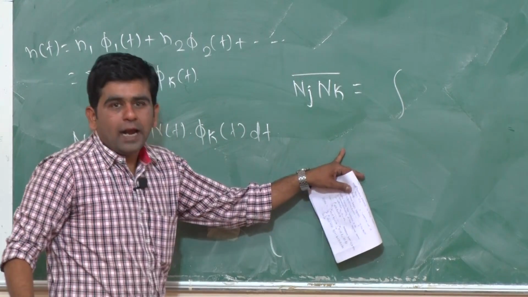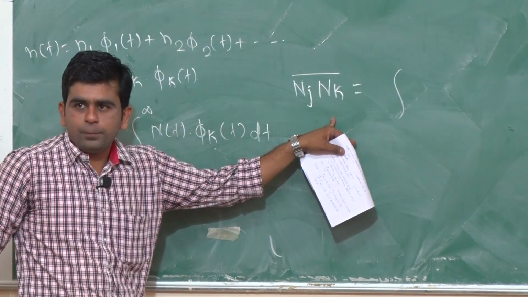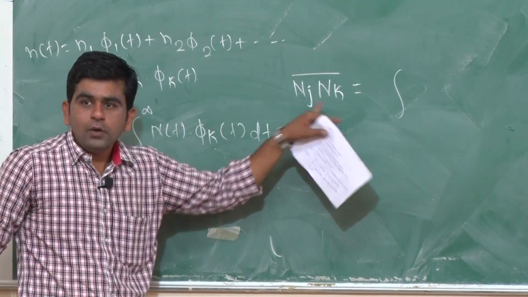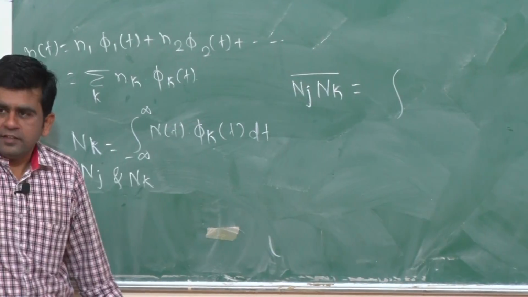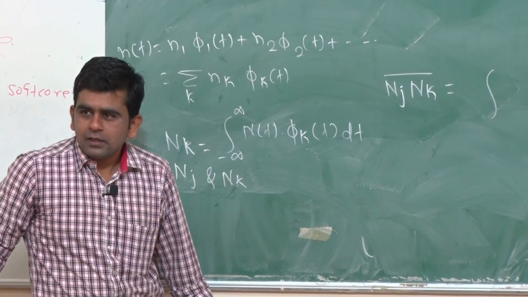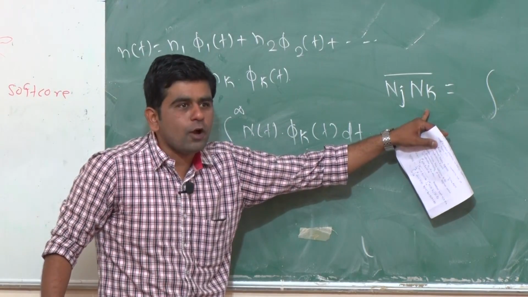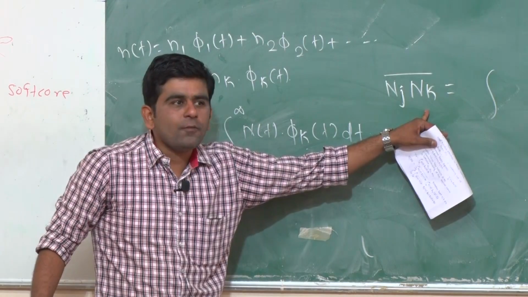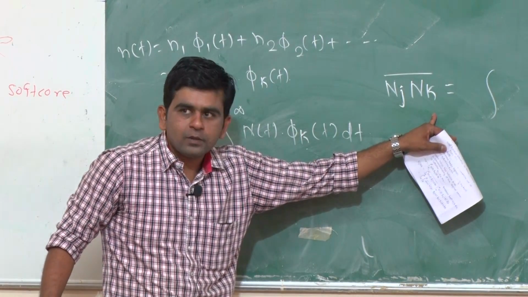We are talking about two random variables. Here nj is one random variable, nk is your second random variable. Here the bar is nothing but the expectation of nj into nk. Is it a correlation? Yes, as we are finding the correlation between two random variables. Expected value of x into y will give us the correlation between these two random variables.